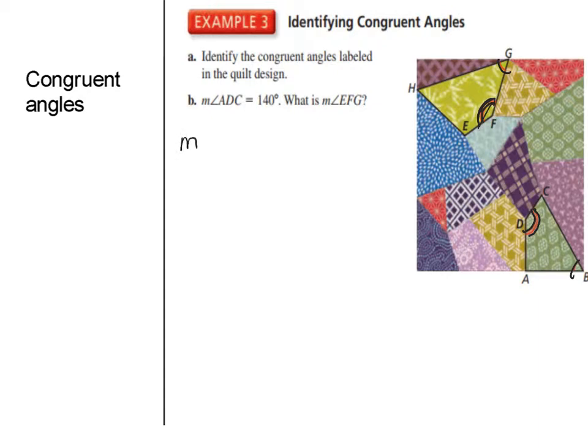The measure of angle G is equal to the measure of angle B, which means that angle G is congruent to angle B. And likewise, angle F is congruent to angle D. They have the same measurement. So oftentimes you'll see those arcs, a single, double, and a triple.